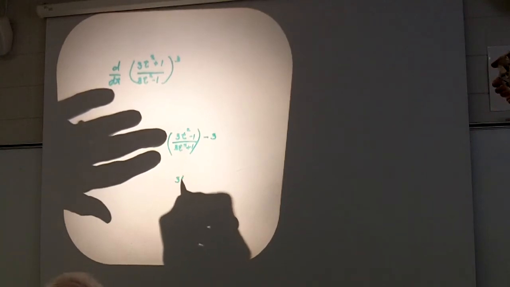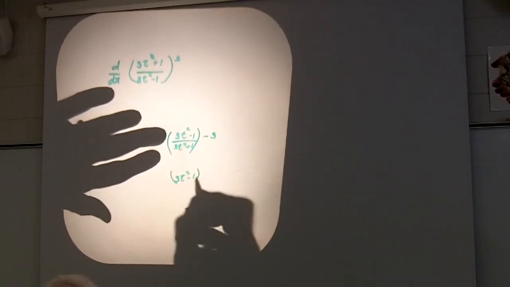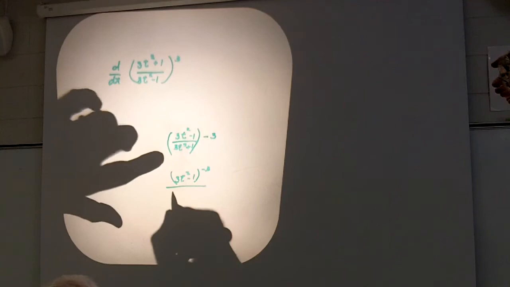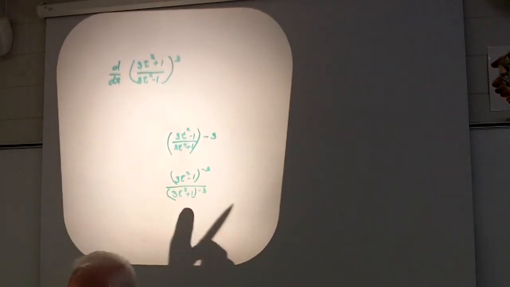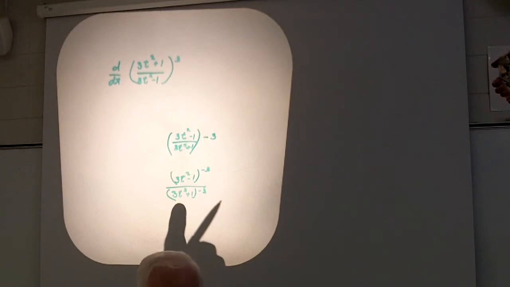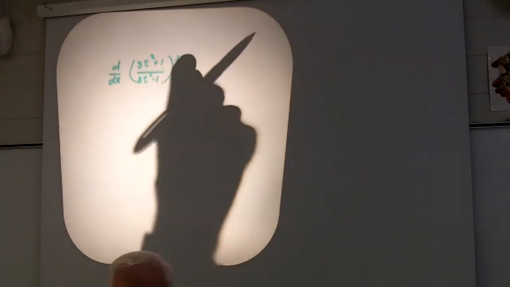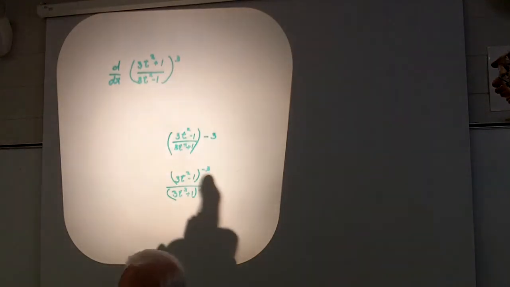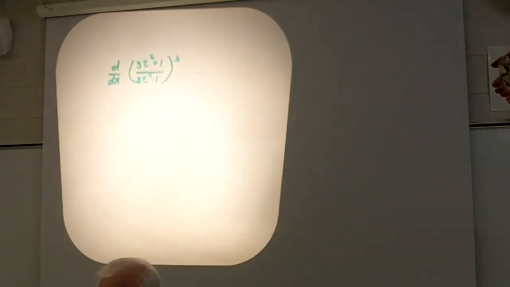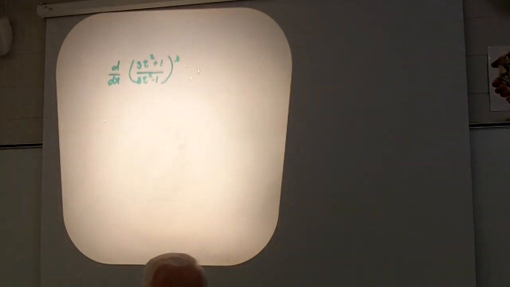This is like 3t squared minus 1 to the negative 3, all over 3t squared plus 1 to the negative 3. Well, if it's negative on the bottom, it becomes positive on the top, and that does it. I was going to do it differently, but I just flip them. Okay, now, this problem is relatively easy if you use natural logs.